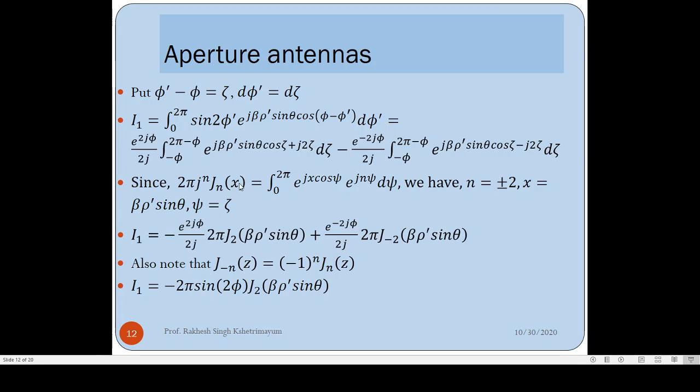So minus 1 by minus 1 is plus 1, but we have a minus sign also here. This minus and minus will become plus. Exponential j2 pi divided by 2j, 2 pi, n is minus 2, J minus 2 beta rho dash sine theta.